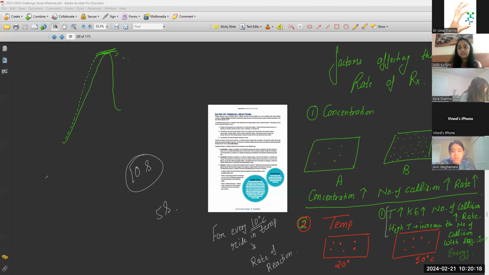So can you explain this information which I have just given you, which is generally given to us by the chemist? Chemists are doing chemical reactions all the time. And they informed us that if you raise the temperature of the container by 10 degrees, rate doubles. Can you explain how it is important to understand this in terms of global warming?